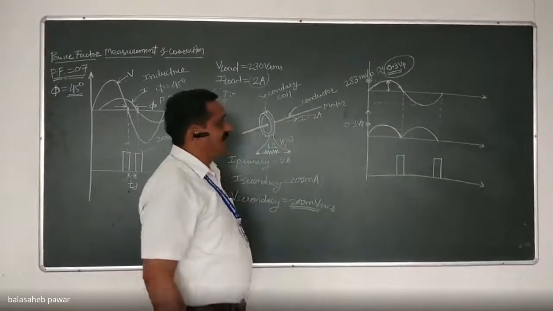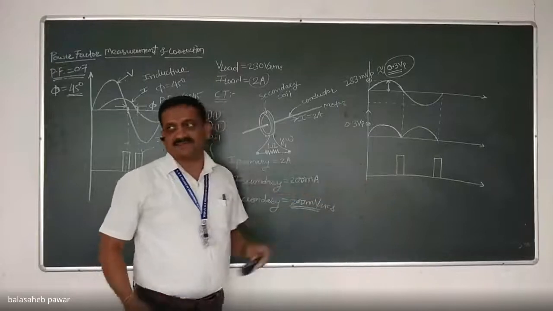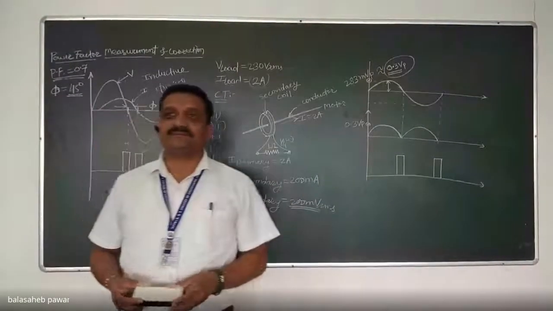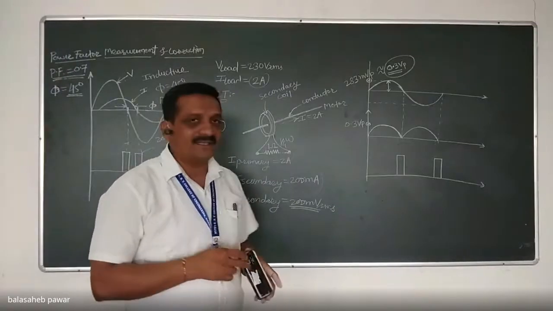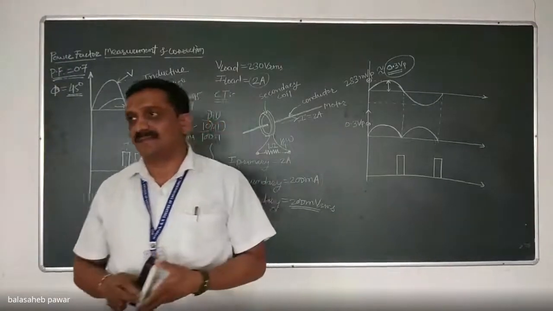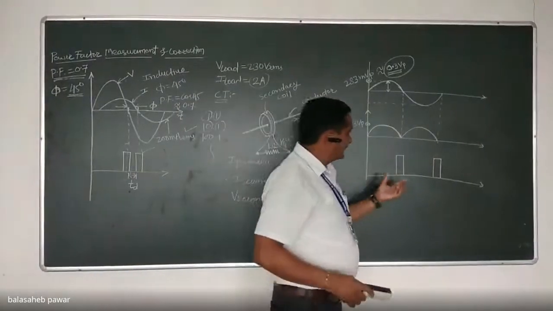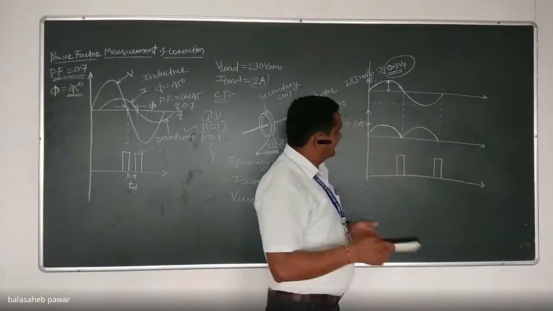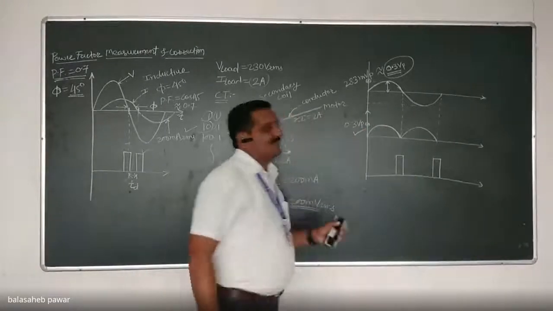Is it okay? You have to use a zero crossing detector, ZCD. But there will be a small difference between yesterday's zero crossing detector and the ZCD used with this input signal. What will be the difference?